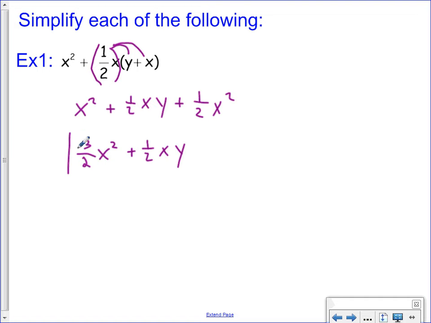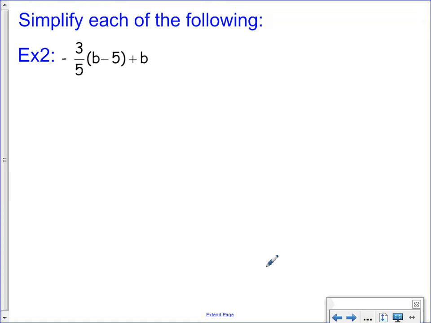And that's a fair enough answer. Notice all the like terms are combined. Usually we put the x's in front, anything mixed in the middle, and then the y terms, if there were any, at the end. And notice also that the highest degree is in the front.